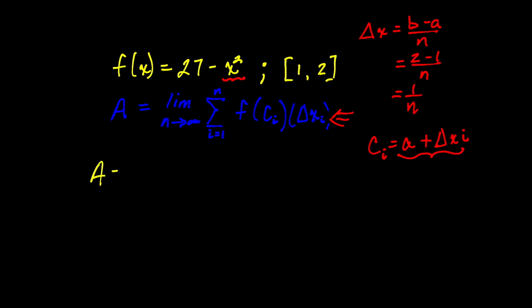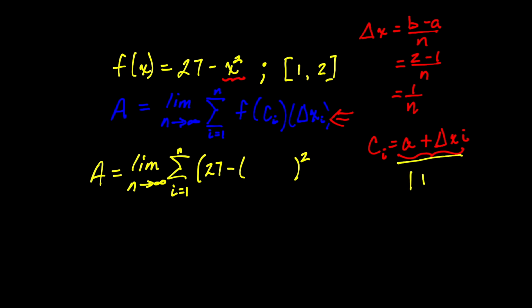So the area is the limit as n approaches infinity of the summation as i goes from 1 to n of 27 minus x squared. And what is my x going to be? Well, it's from over here.